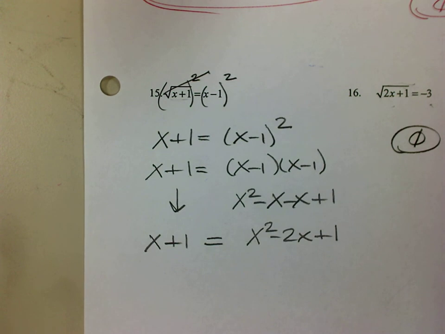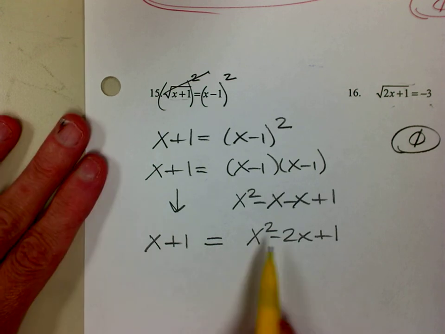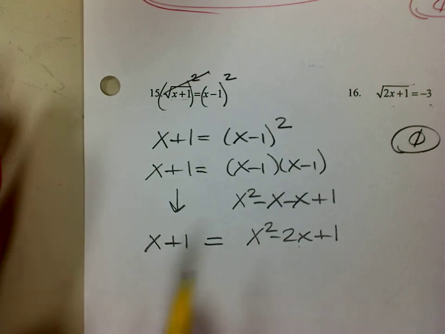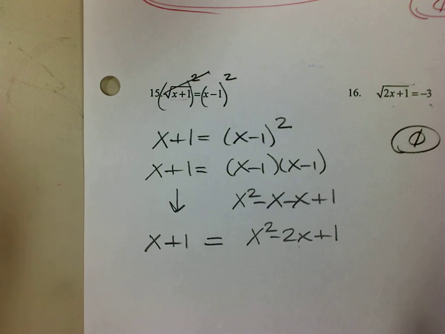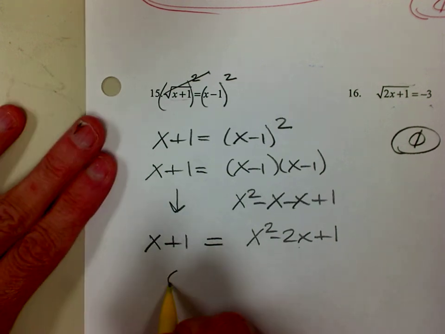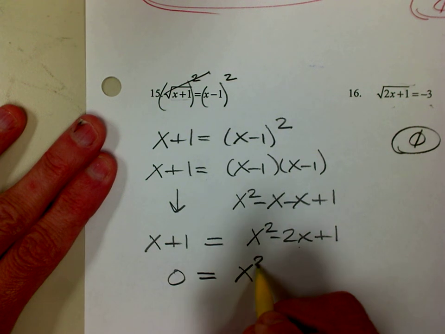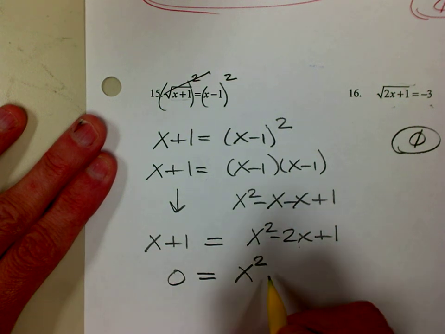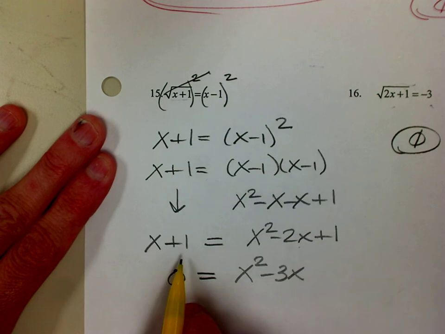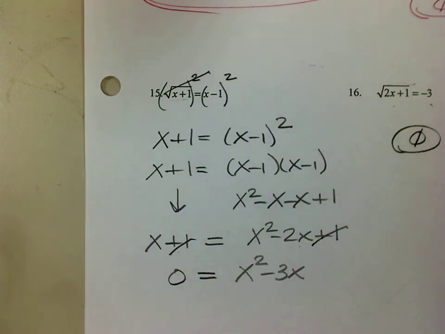Now I'm solving for x, so this one is completely different from the others. Because now what I want to do is, since I have an x squared and an x, this is kind of like now a problem that we've done before when I had an x squared and x and a number. To solve, I have to get everything on one side. If I move this over to here, it's negative 3x, and then my 1's cancel.